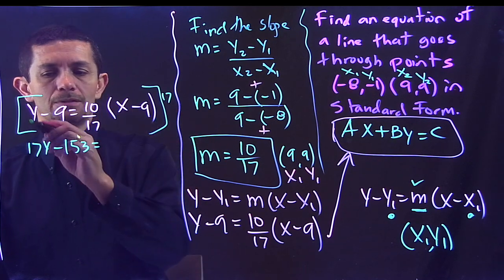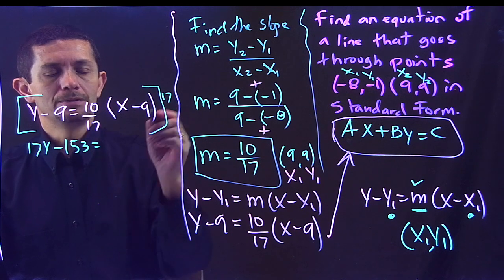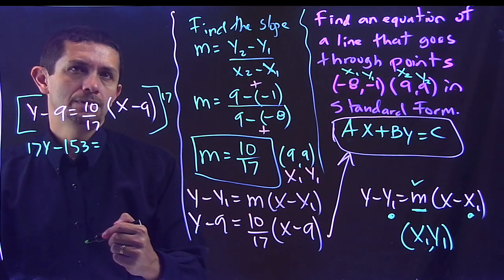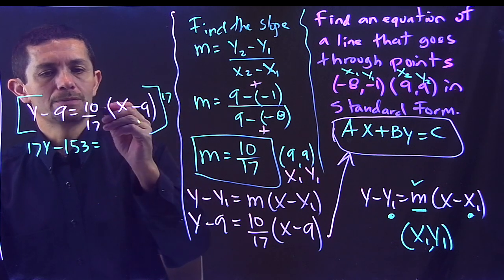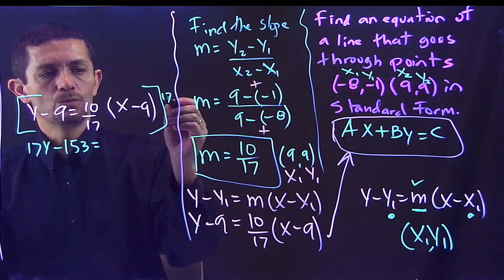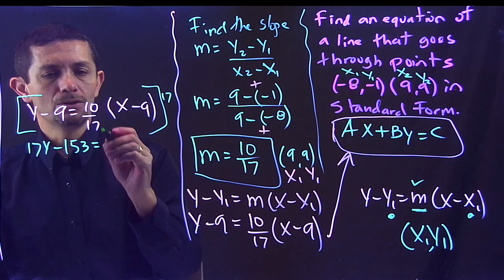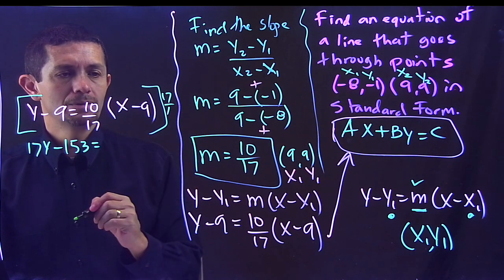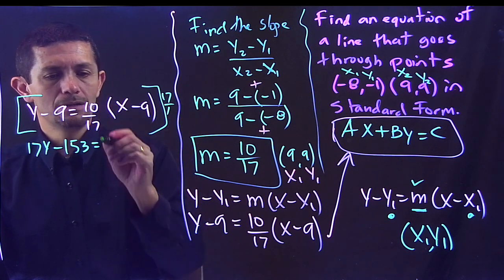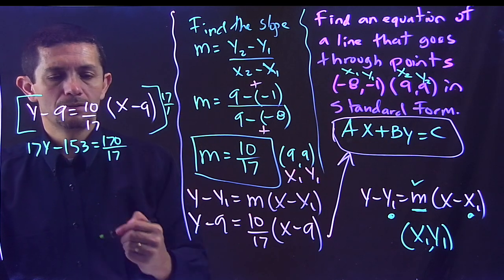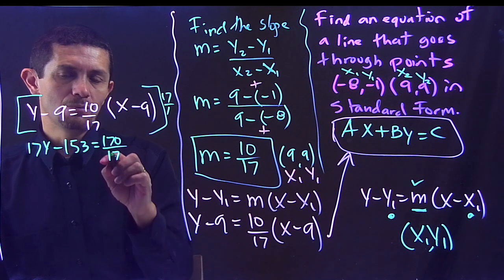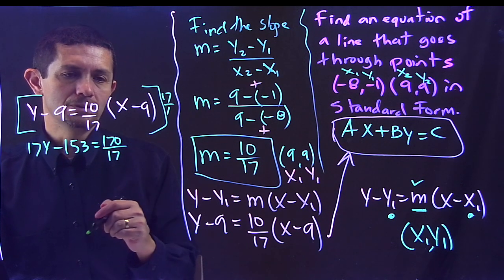Equals 17 times 10 is 170, over 1 times 17 is 17. If you notice, I'm going to be able to cancel and reduce those 17s.